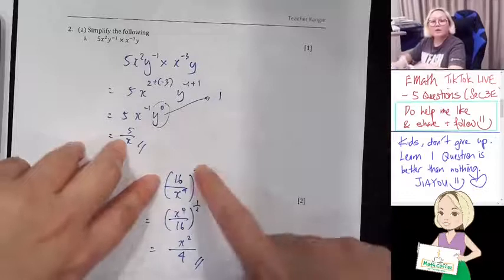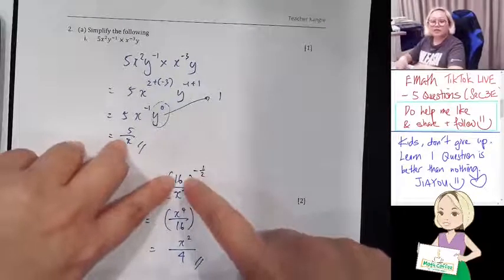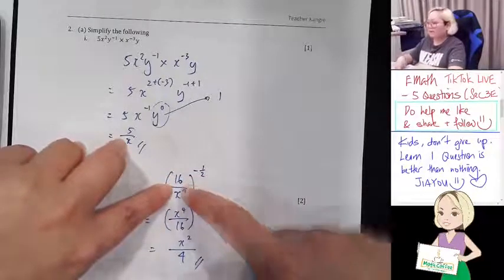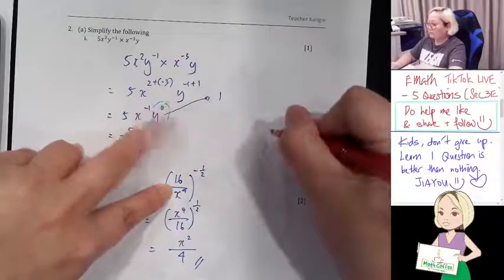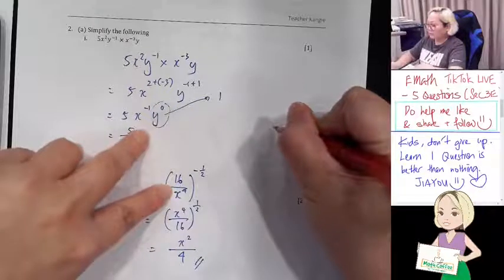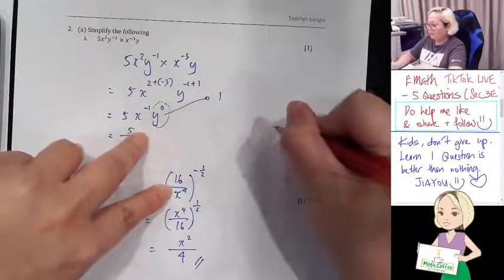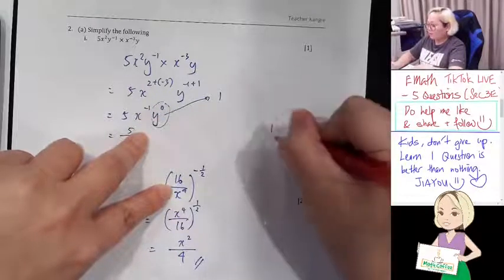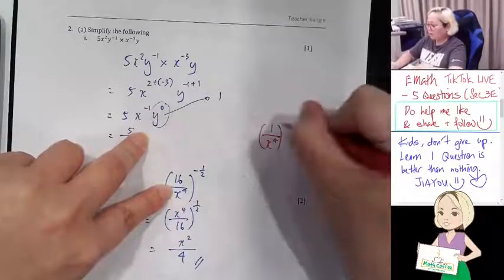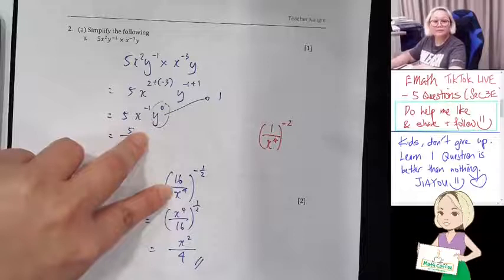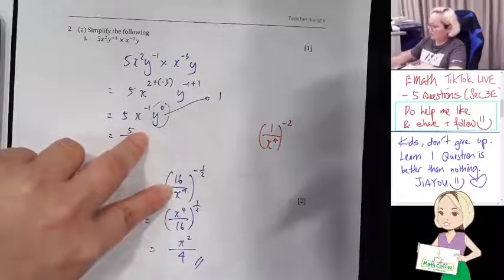When your power is negative and inside is a fraction, okay, even if it's not fraction, for example, let's say I have 1 over x to the power of 4, all to the power of negative 2, just example.